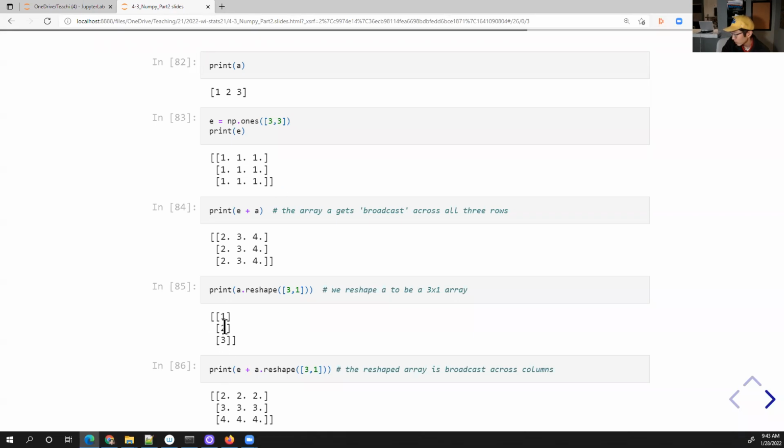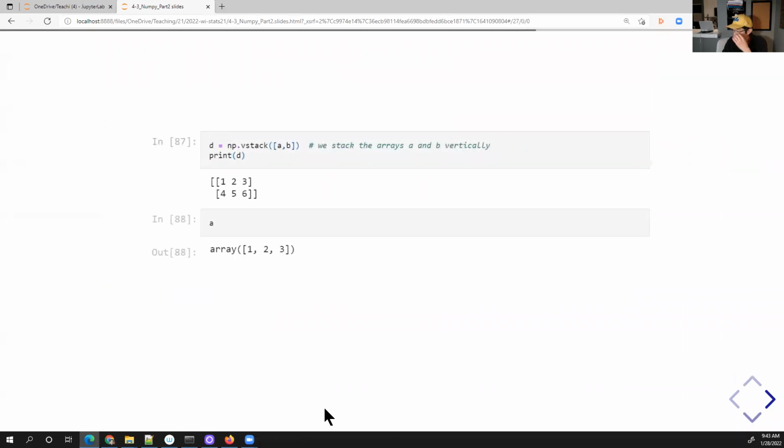It's going to broadcast this so that it matches the structure, and we get 2, 2, 2, 3, 3, 3, 4, 4, 4. Here I have a 2 by 3, and I can do this, and it does exactly what I would expect it to do. It'll add 1, 2, 3 across the top and 1, 2, 3 across the bottom. No problem there.